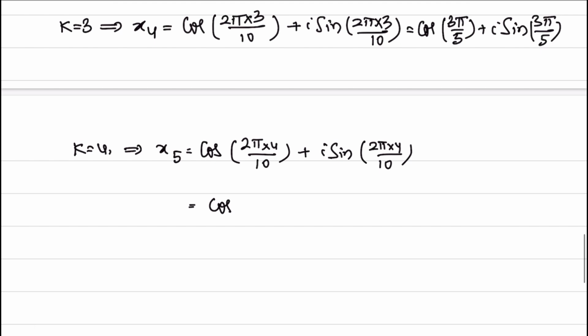Then cos 4 pi by 5 plus i into sin 4 pi by 5.